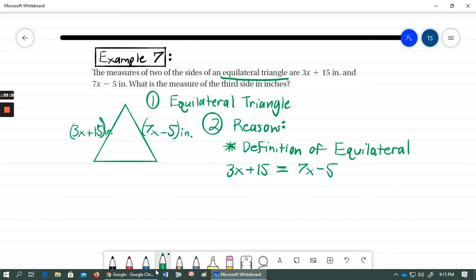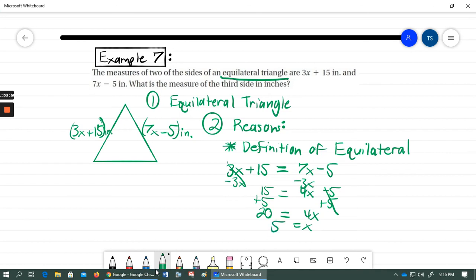All right, when we solve that, subtract 3x on both sides, you get 4x. Add 5 to both sides, you get 20. 4x equals 20. Divide by 4, you get 5 for x.